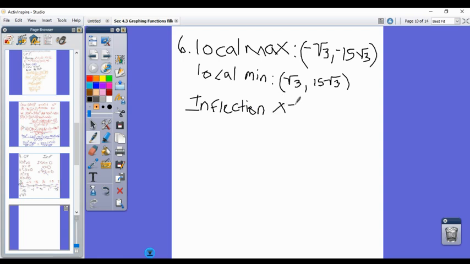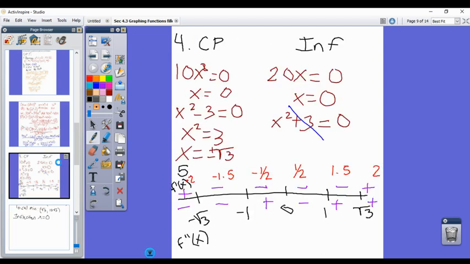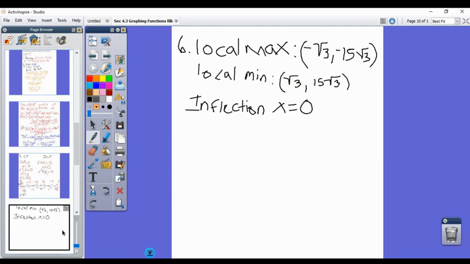Now, you might be wondering why we are not including x equals positive or -1, because didn't we change concavity there? And the answer is, yeah, we did change concavity there. We did change from concave down to concave up at both -1 and +1, but is -1 and +1 in the domain?